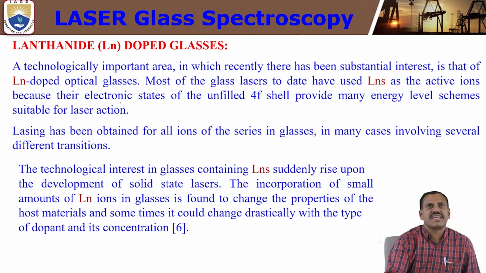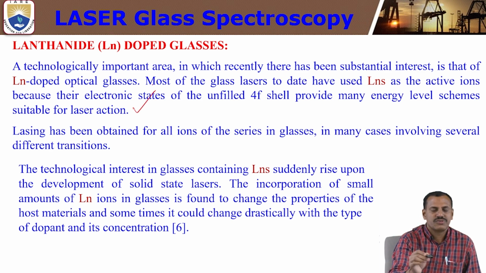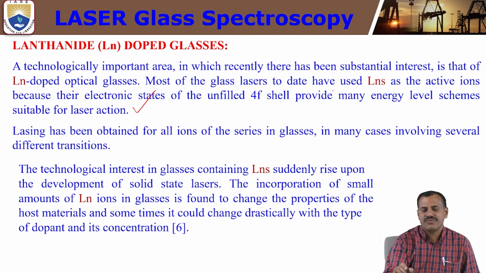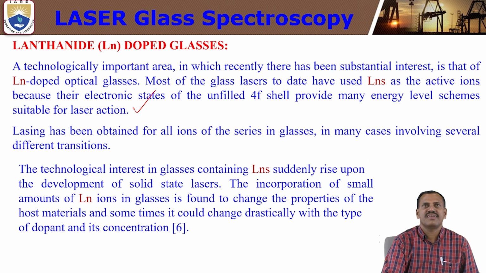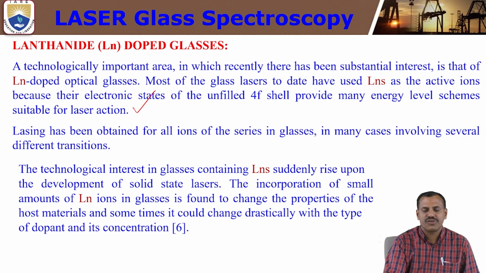The electronic states of the unfilled 4f shell, the electronic configuration of each and every lanthanide rare earth ion, the 4f block elements, provide many energy level schemes suitable for laser action. That is why lanthanide ions are chosen.